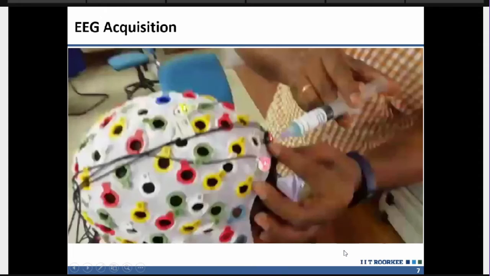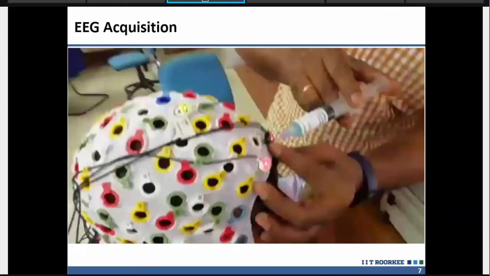Now, as some of you have asked, is there any harm in using these kinds of devices? All these devices come with some hospital prescriptions. I think most of them will not create any harm if you wear them for a short time.